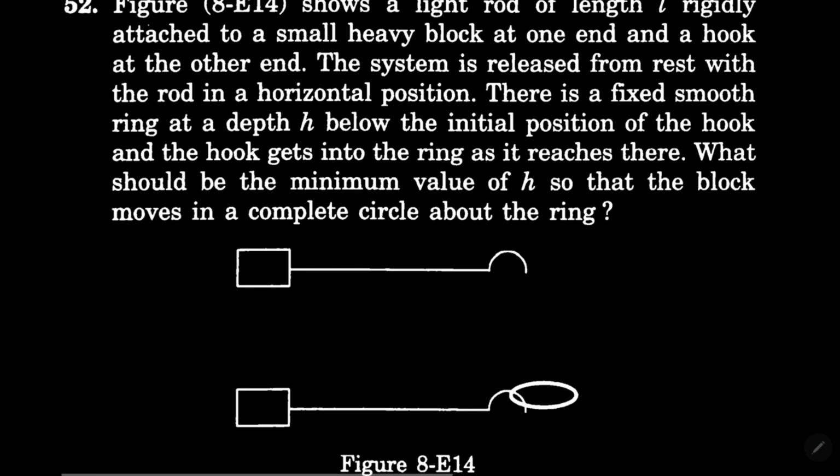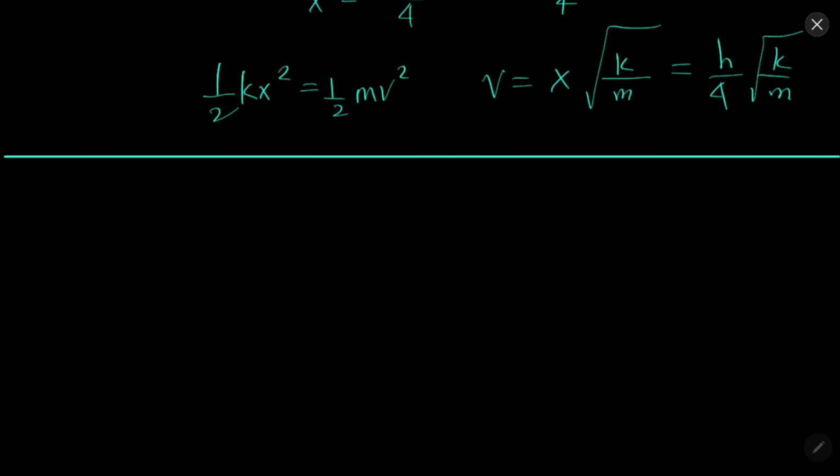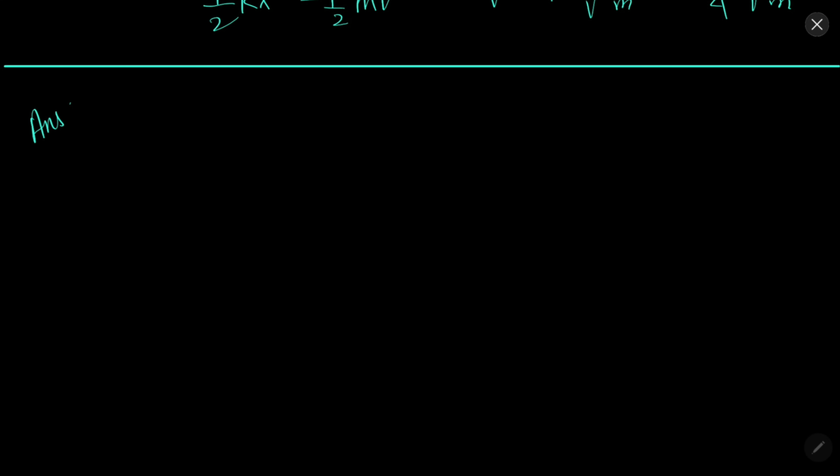In question 52, we have this figure. There is a fixed smooth ring at a depth h below the initial position. What should be the minimum value of h so that the block moves in a complete circle about the ring? 52nd.